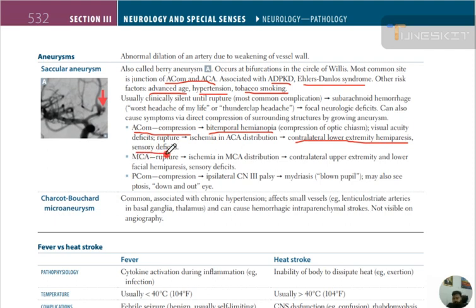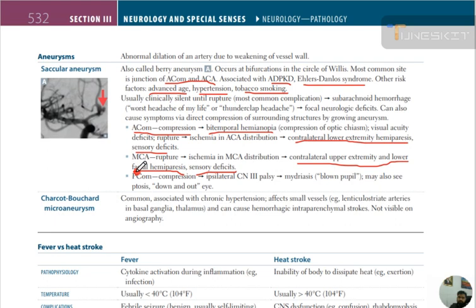Middle cerebral artery rupture causes ischemia in the middle cerebral artery distribution, which will result in contralateral upper extremity and lower facial hemiparesis. Sensory deficit would also occur.